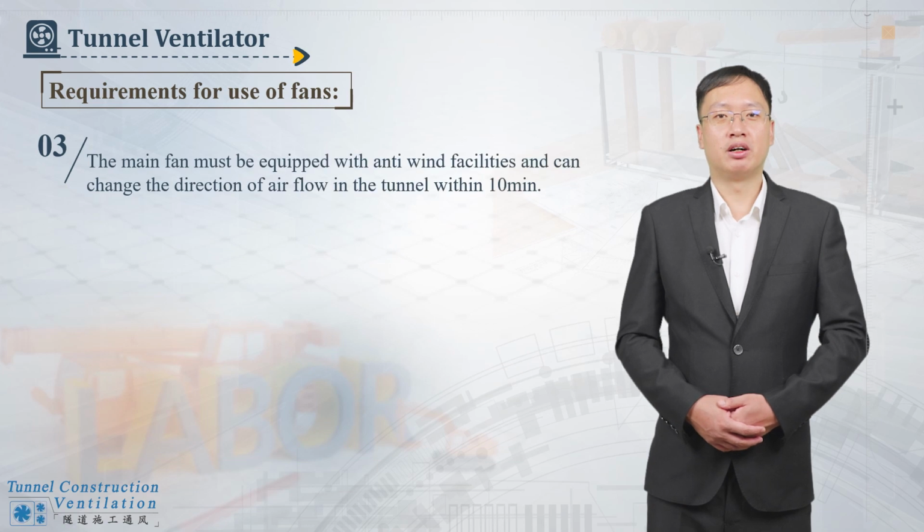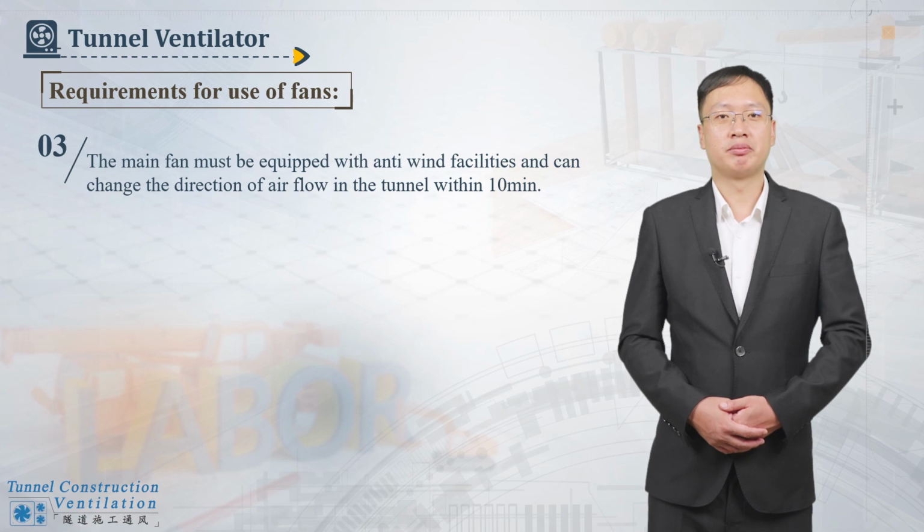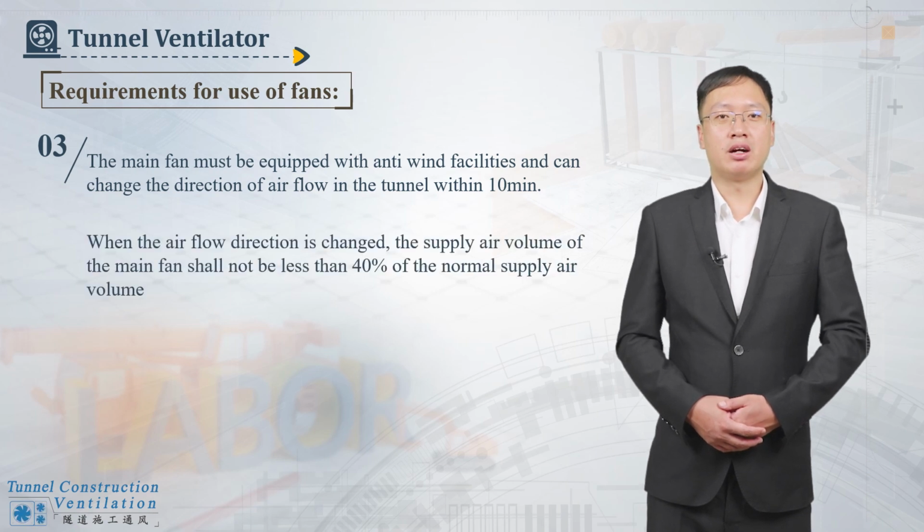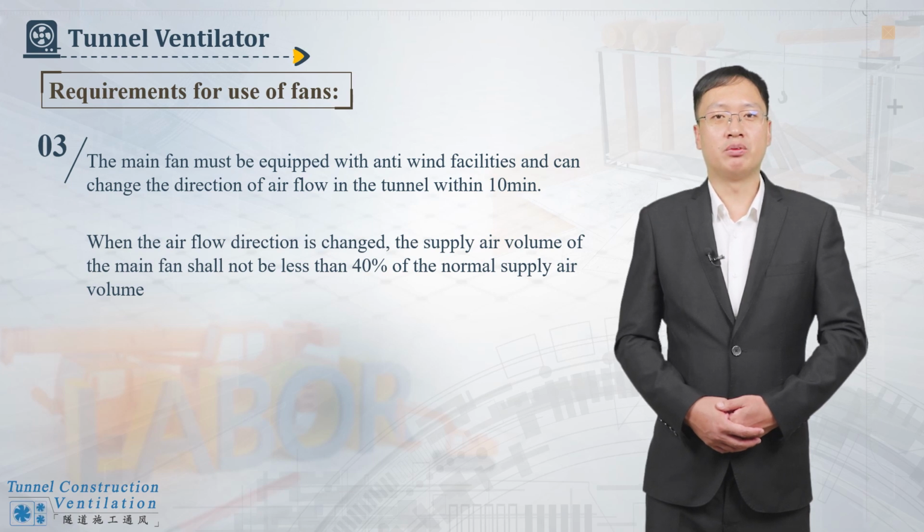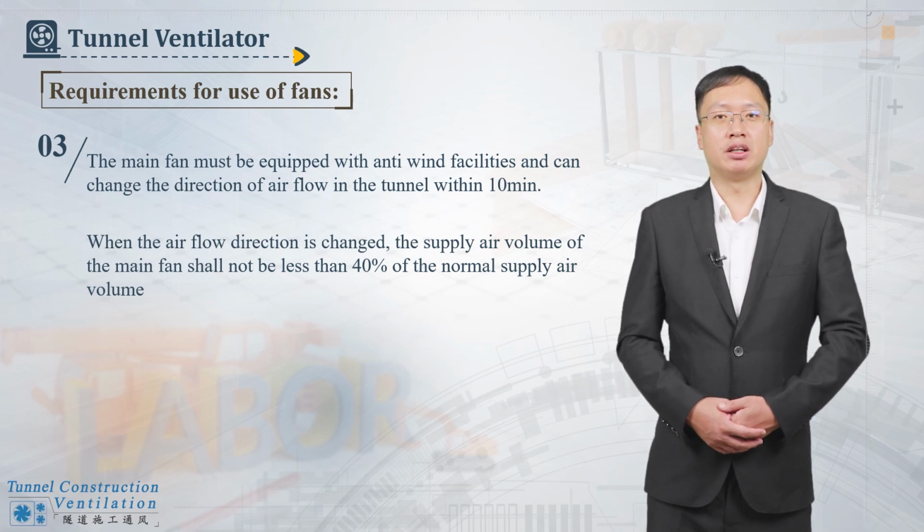3. The main fan must be equipped with anti-wind facilities and can change the direction of airflow in the tunnel within 10 minutes. When the airflow direction is changed, the supply air volume of the main fan shall not be less than 40% of the normal supply air volume.